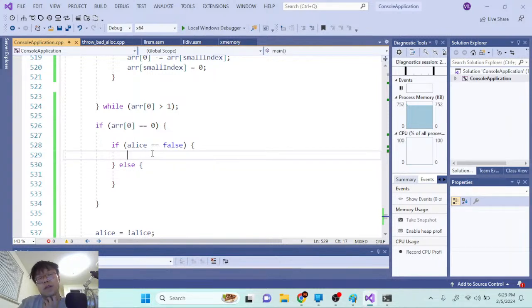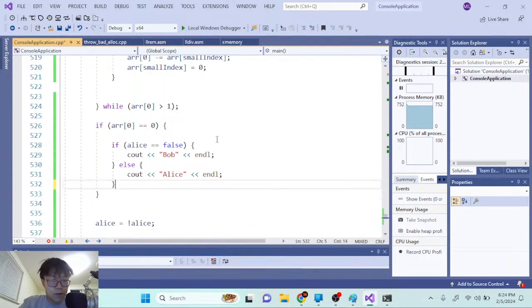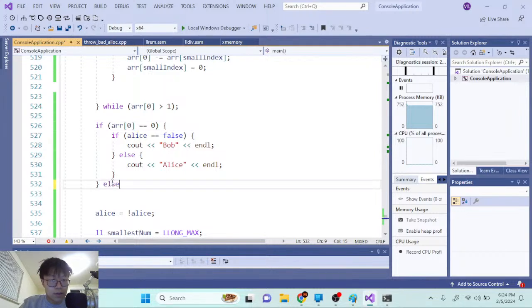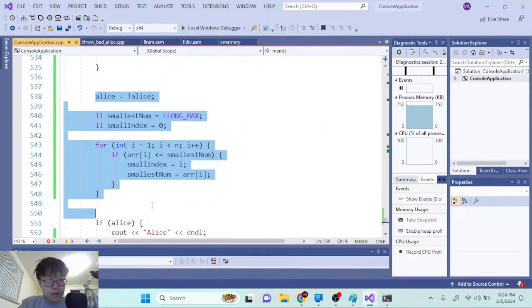End of Bob's turn, it hits 0. Alice wins. No, wait. Bob wins. So we're going to see how Bob wins. Otherwise, Alice wins. Now here we're going to do an else where it's not 0 yet. We're going to do Alice is not equal to Alice. We do the exact same thing.